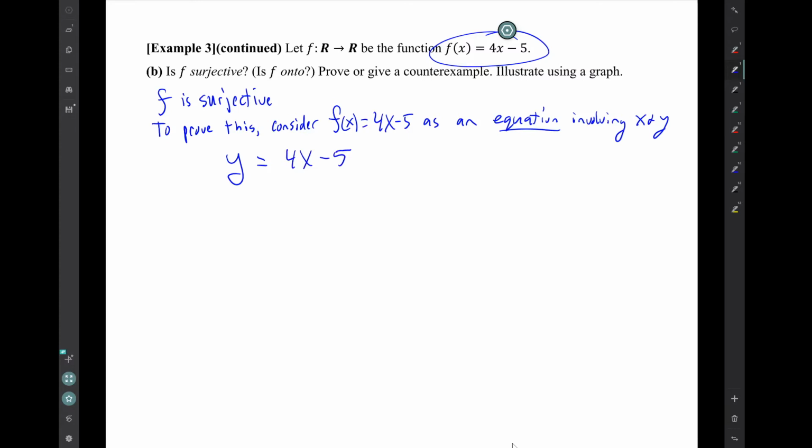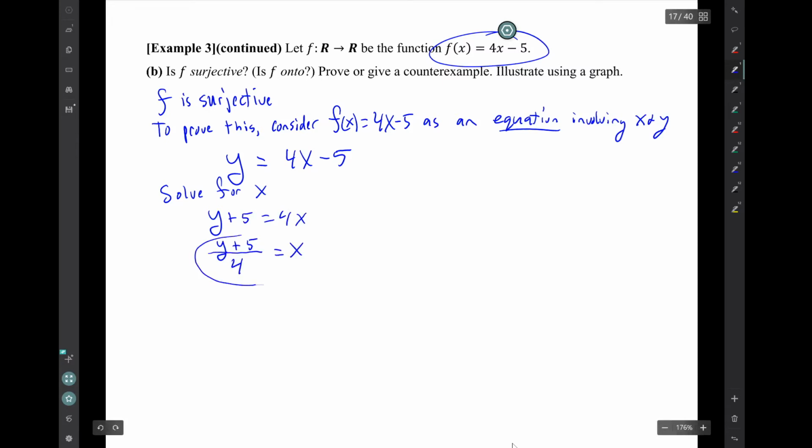Now let's solve this equation for x in terms of y. So there is our equation solved for x in terms of y. Now the amazing thing is that that gives us something that we can substitute in as input into f of x. I'm going to do a proof that f is surjective, and I'm going to do that on the next page.